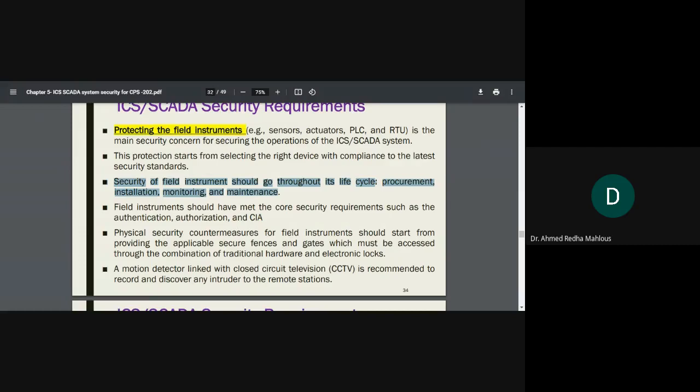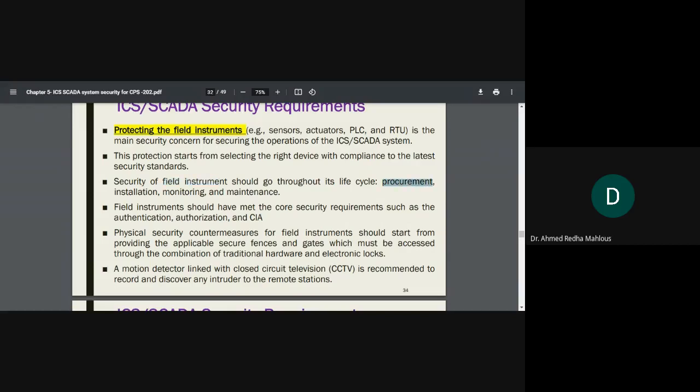They are sold to, for instance, an ICS SCADA system company, which purchases them without any idea that they were built with malicious code inside. You have bought those devices from this factory and you don't know the history of that factory or whether it is genuine or not. That's why we say that for the field instrument, security should start from the procurement, from the first time.